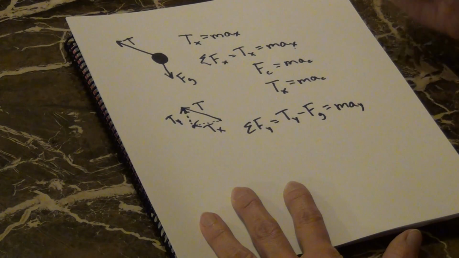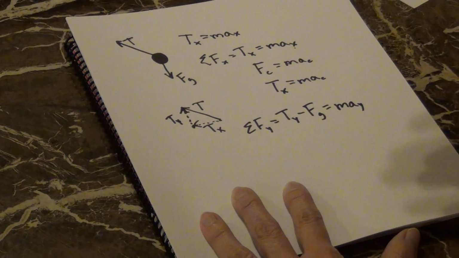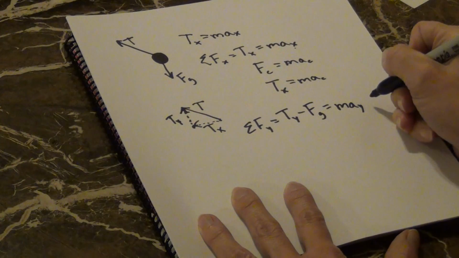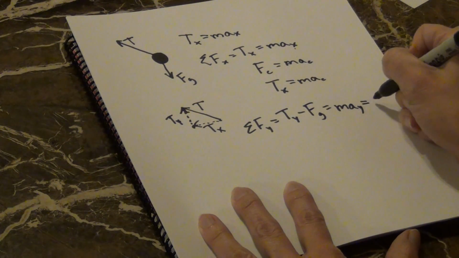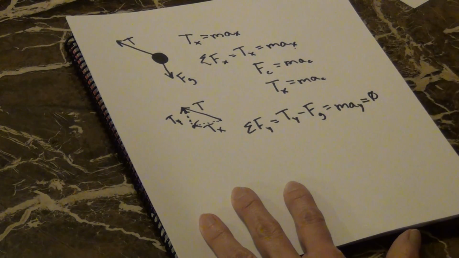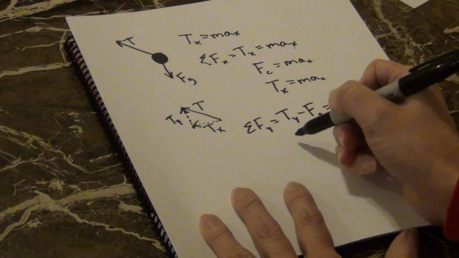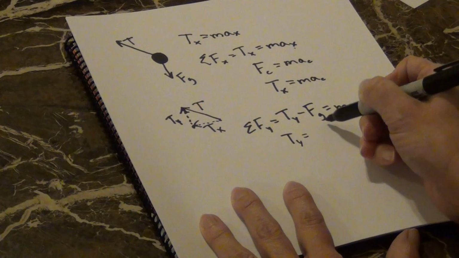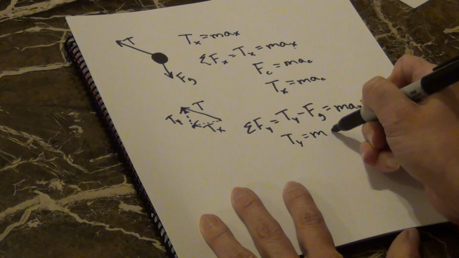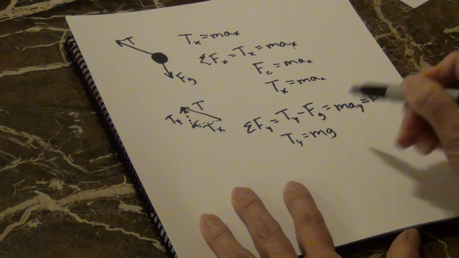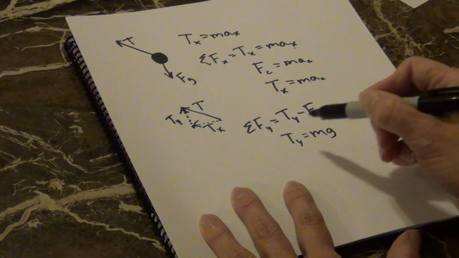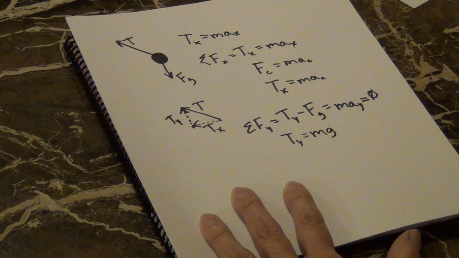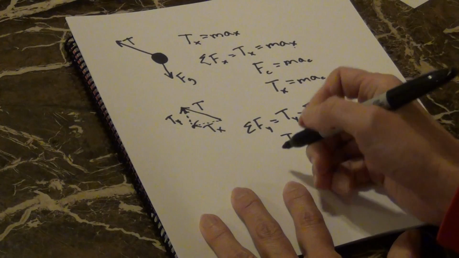When we watched the pig fly, it popped up and down ever so slightly because of the flapping of the wings, but it stayed pretty constant. So we're going to consider the acceleration in the y direction to be 0. That means our tension in the y direction is equal to mg. If you had weighed the pig, you could have found out the tension in the y direction. I think everybody got that part.